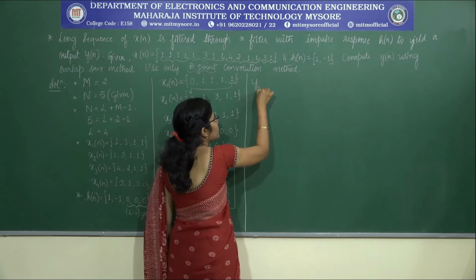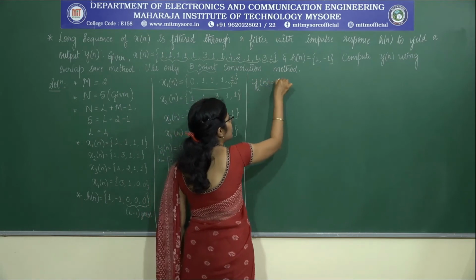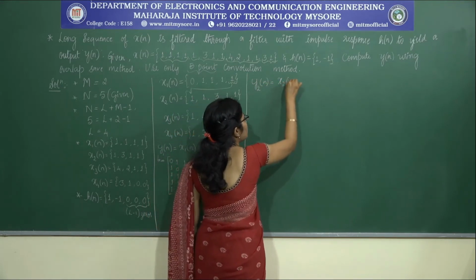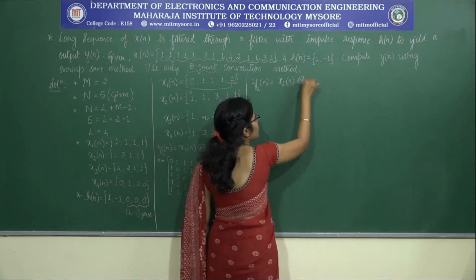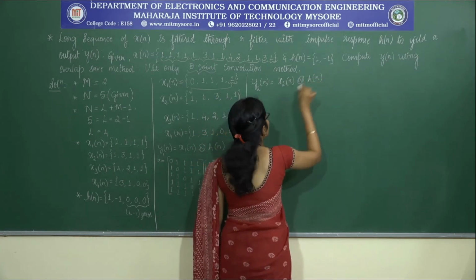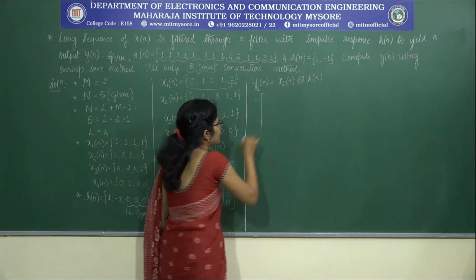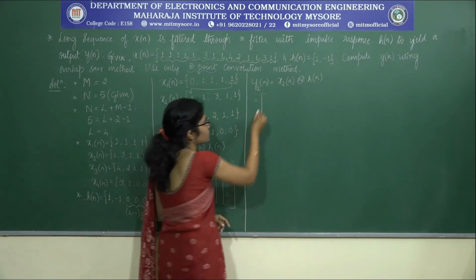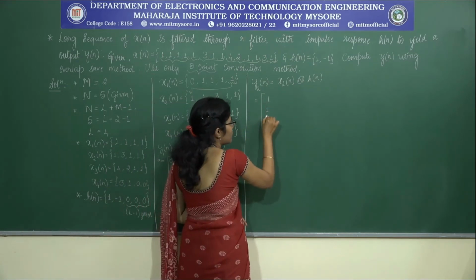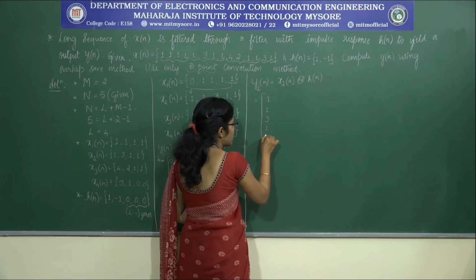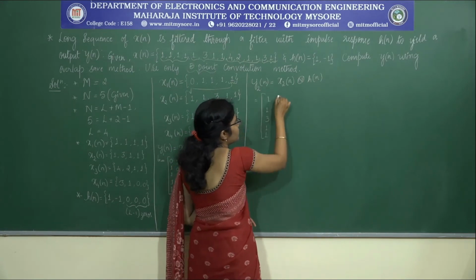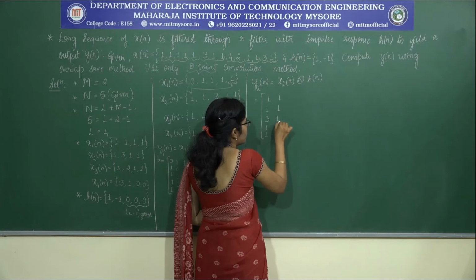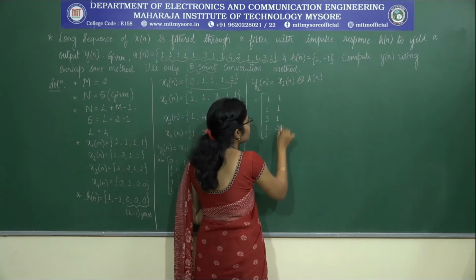So how do we find? We know y2 of n is nothing but equal to x2 of n circular convolution with h of n. So what is x2? So this is the x2 sequence, that is 1, 1, 3, 1 and 1. So shifting gives us 1, 1, 1, 3, 1.